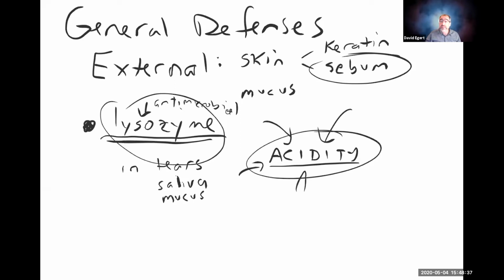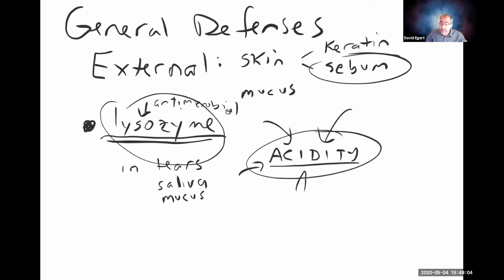Now that they are no longer doing that, the little Candida albicans can start flourishing, and all of a sudden you've got a yeast infection. So this idea that low pH is another thing that keeps populations of bacteria down, or in this case yeasts, that you don't want growing.